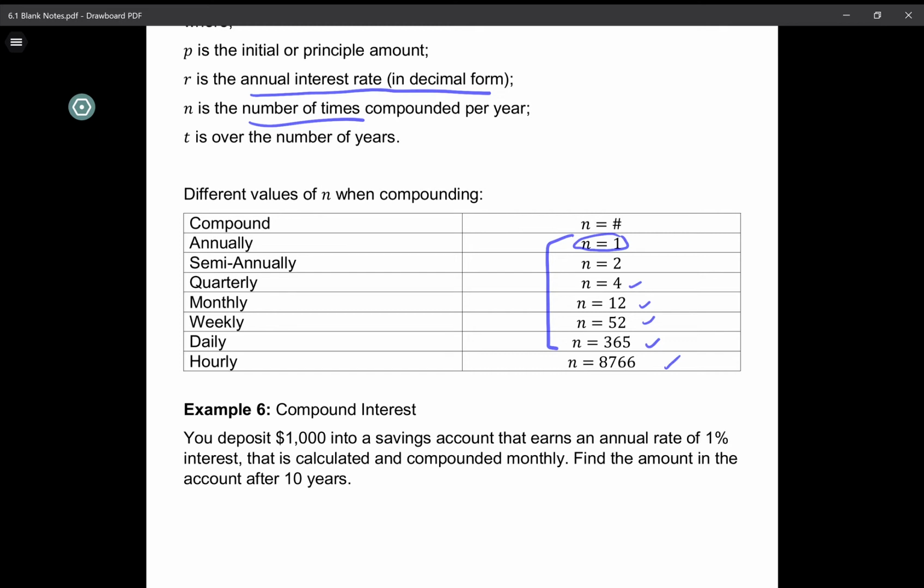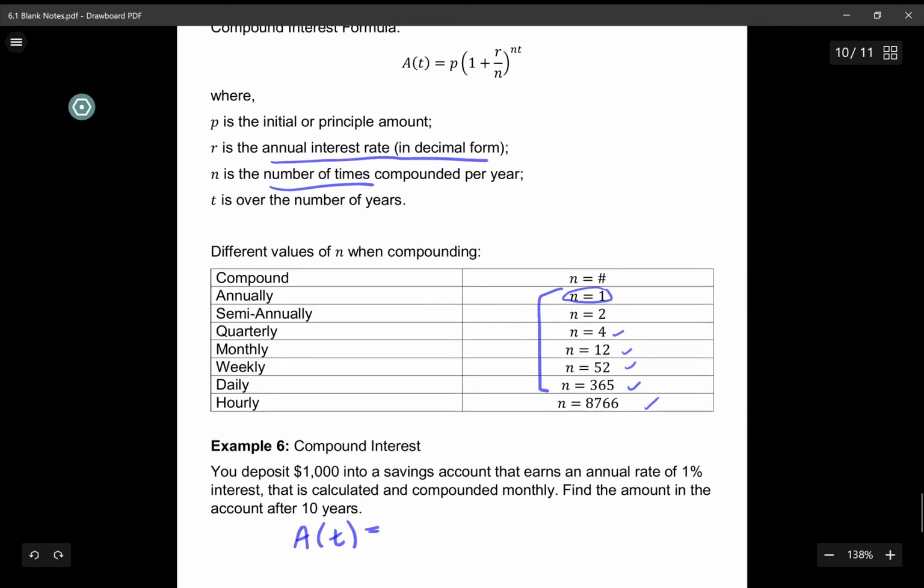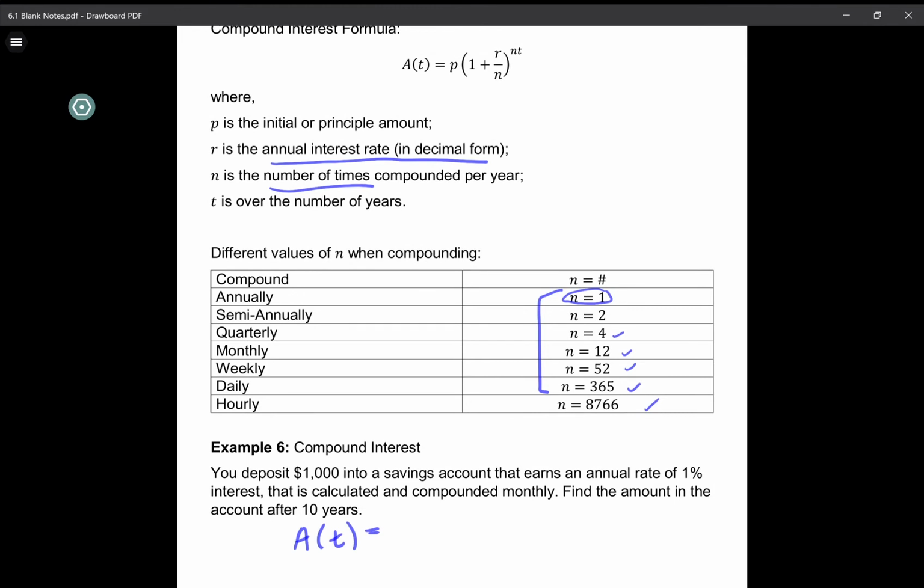So let's plug it into our formula. A of t equals, I'm going to zoom out just a little more so we can see the whole formula. Well, the first part is P, and that's the amount we start with. So in this case, it's $1,000. 1 plus, we need to figure out our interest rate. Well, they're telling us our annual interest rate is 1%.